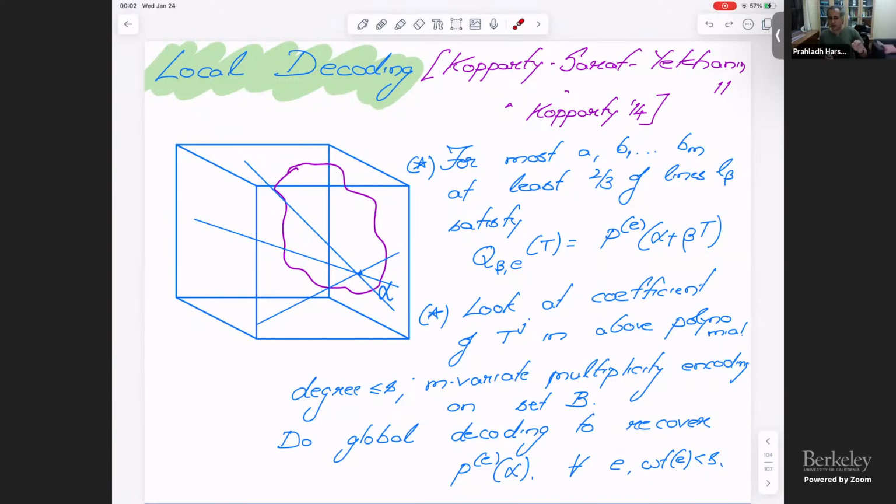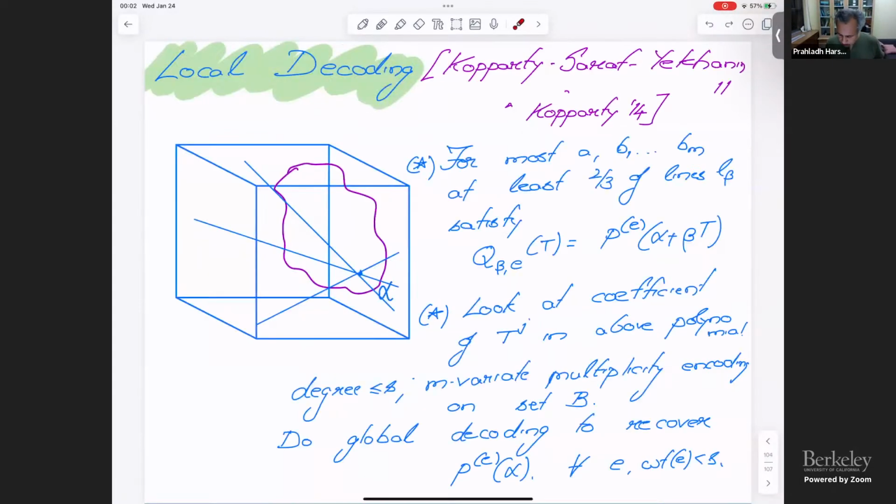You shoot several lines, you infer the univariate multiplicity code on these lines, and then you put this information together and realize that what you have is a constant degree M-variate multiplicity encoding on the set B, and you can do global decoding to recover it. That's the entire algorithm. Then you set the parameters correctly, and you get the theorem I stated.